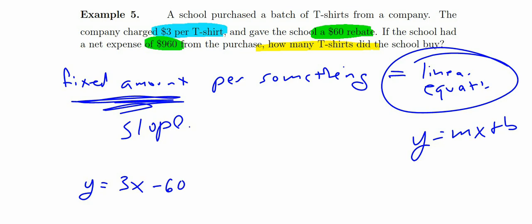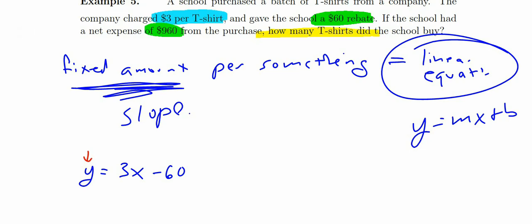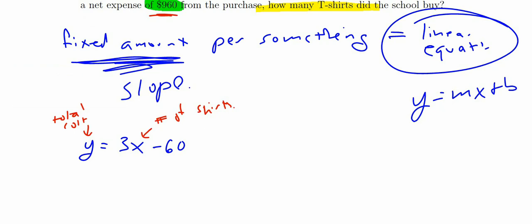So look, I have a linear equation. Okay. Now, I know the y in this equation is the total cost, and the x is the number of shirts. Okay. And it asked how many shirts, so I don't know what x is, but I do know that that cost was $960. So 960 equals that.